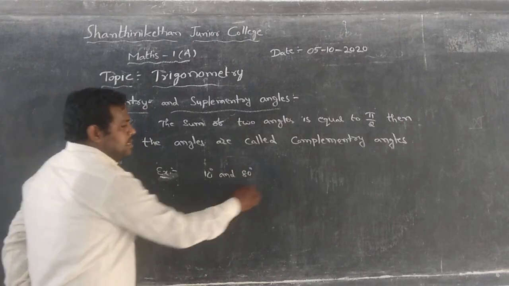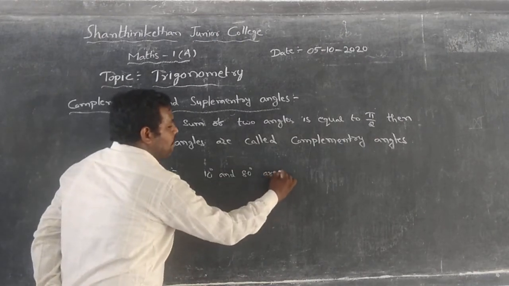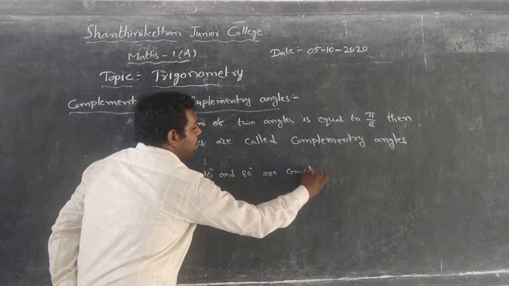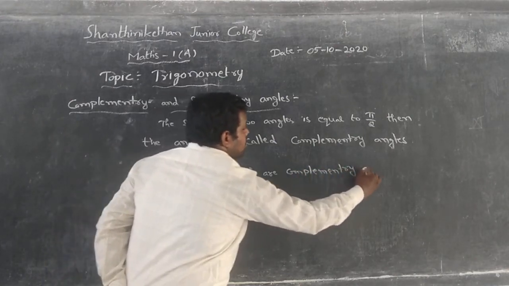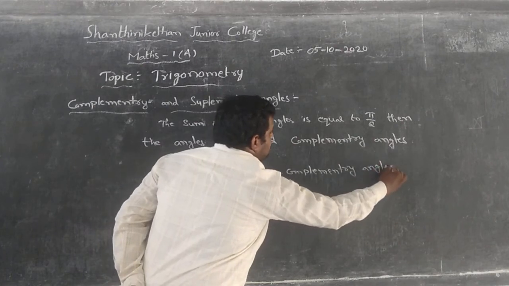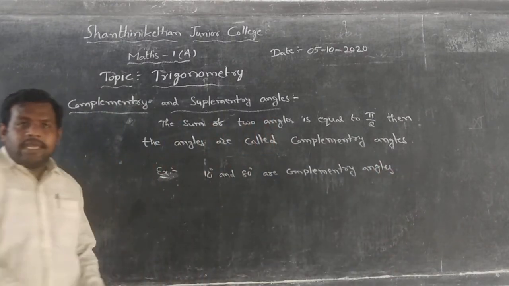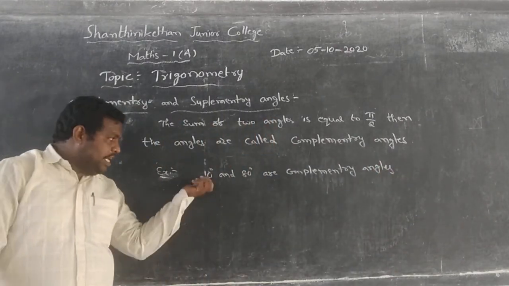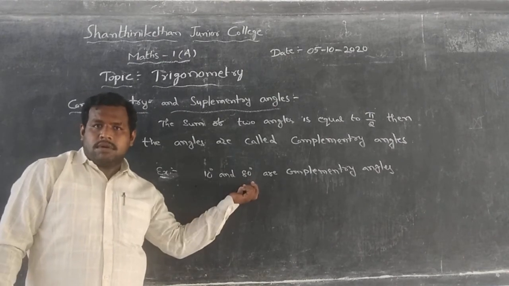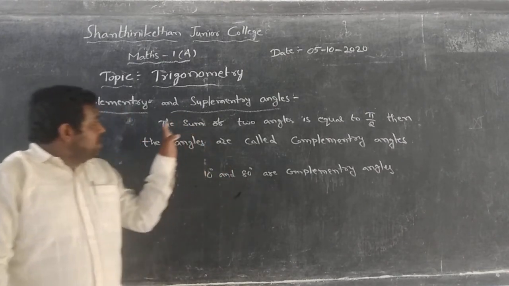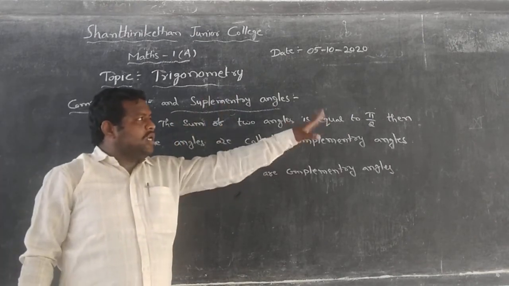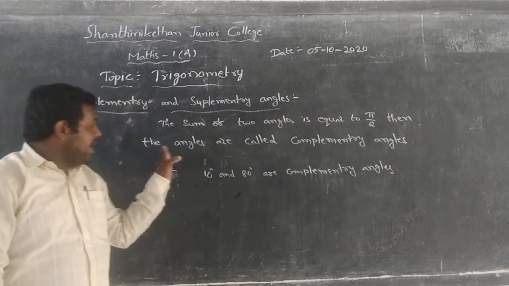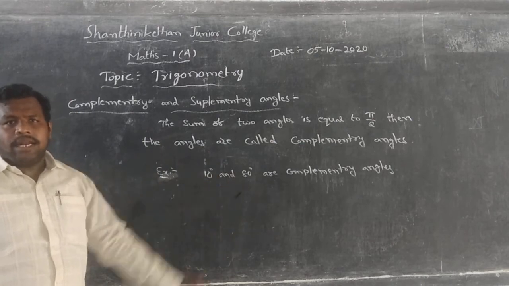These two angles are called complementary angles, because the sum of these two angles is equal to 90 degrees. 10 plus 80 is 90. So what is the definition of complementary angles? The sum of any two angles is equal to 90 degrees, then the angles are called complementary angles.